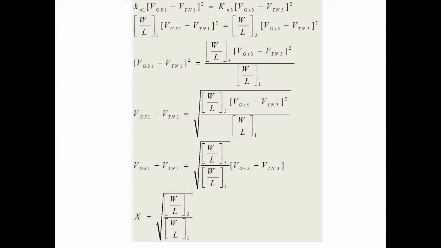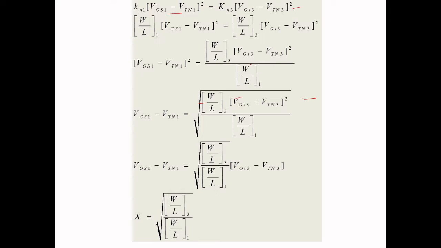This is what we studied: Kn1 (VGS1 minus VTN) whole square equals Kn3 (VGS3 minus VTN3) square. This is the M1 transistor and M3 transistor, equal, with that assumption you are writing. What we are going to find is VGS2, that voltage which is making your M2 go to saturation. That is our understanding.